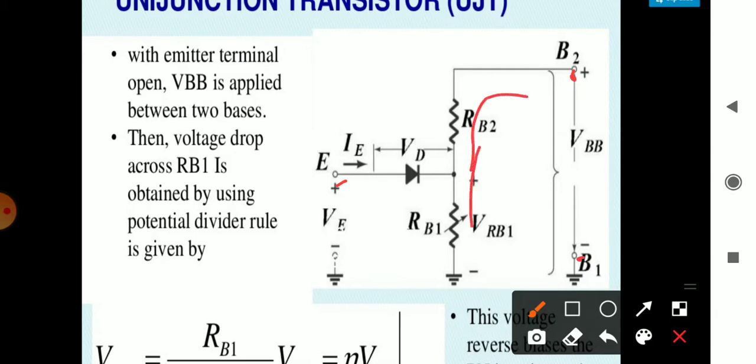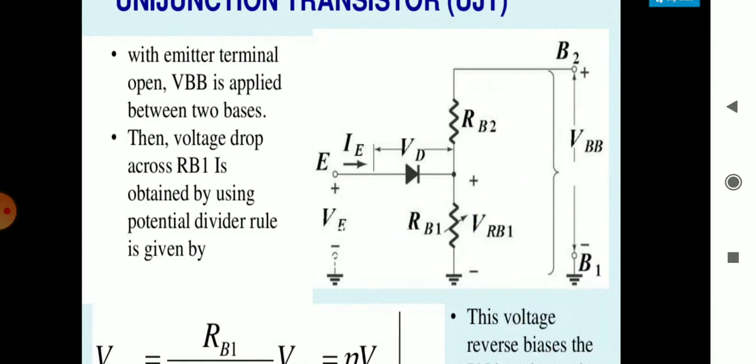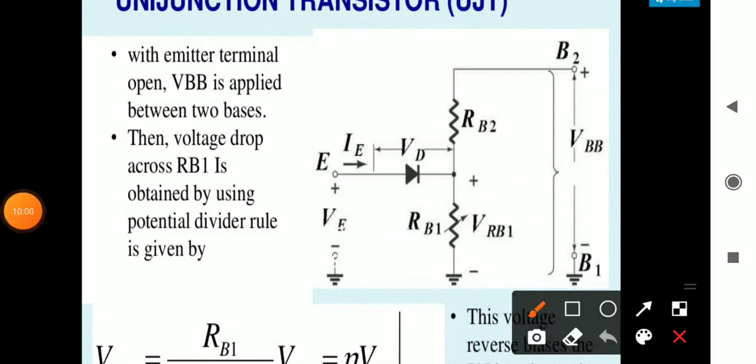When current flows through this circuit, what happens? A drop occurs across RB1. This drop VRB1, the voltage drop across RB1, is obtained by using the potential divider rule.